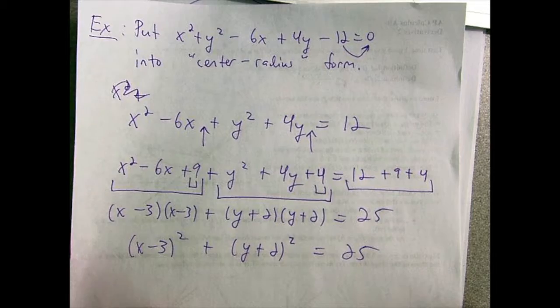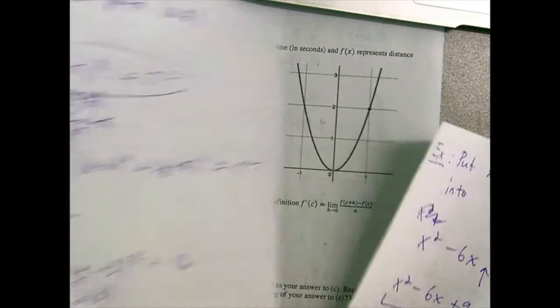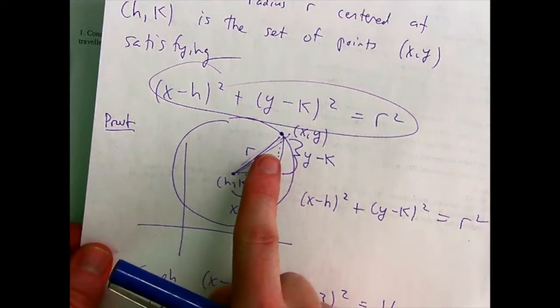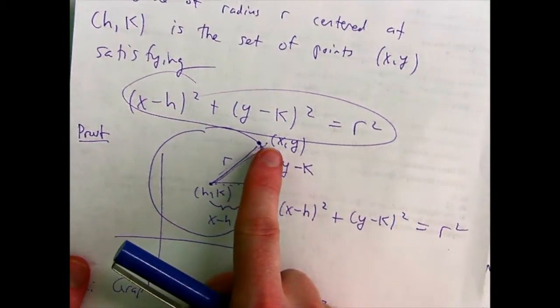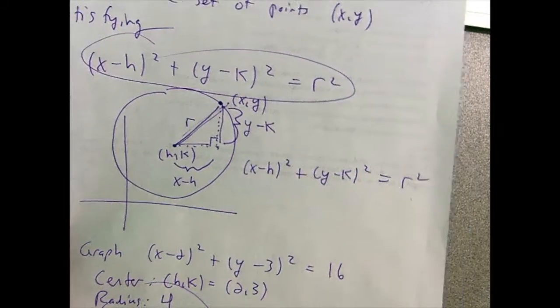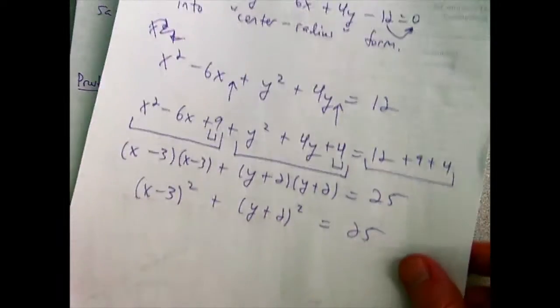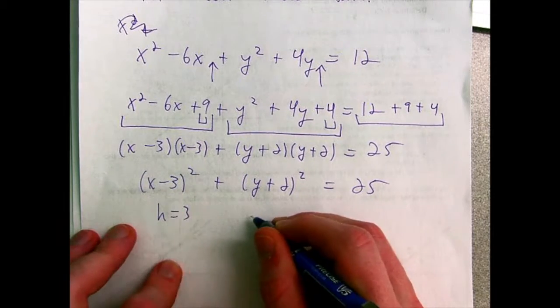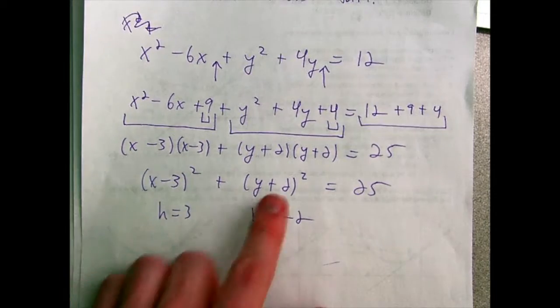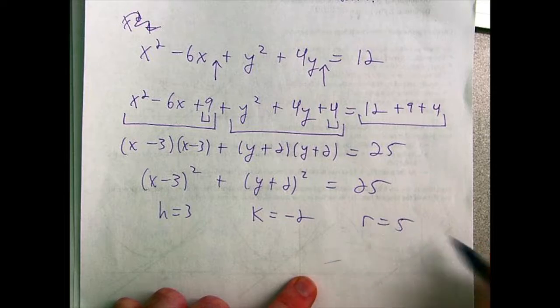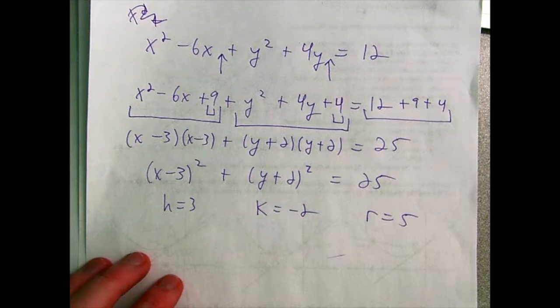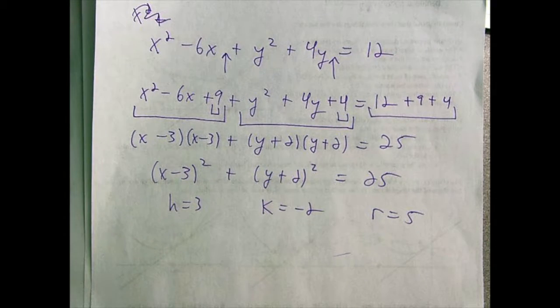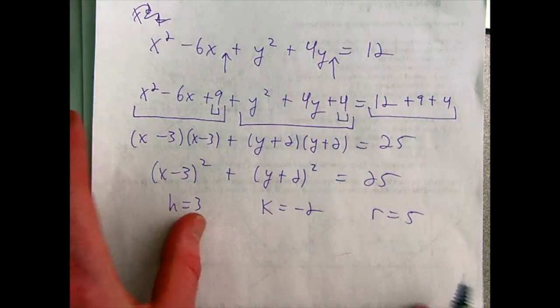Of course, on the right-hand side, we have 12 plus 9 is 21, plus 4 is 25. Now, obviously, x minus 3 times x minus 3 is better written as x minus 3 squared, and same thing here, this is better written as y plus 2 squared. All right, so we've completed the square in both x and y, and wouldn't you know it, that equation looks an awful lot like the center-radius form of the equation of the circle.